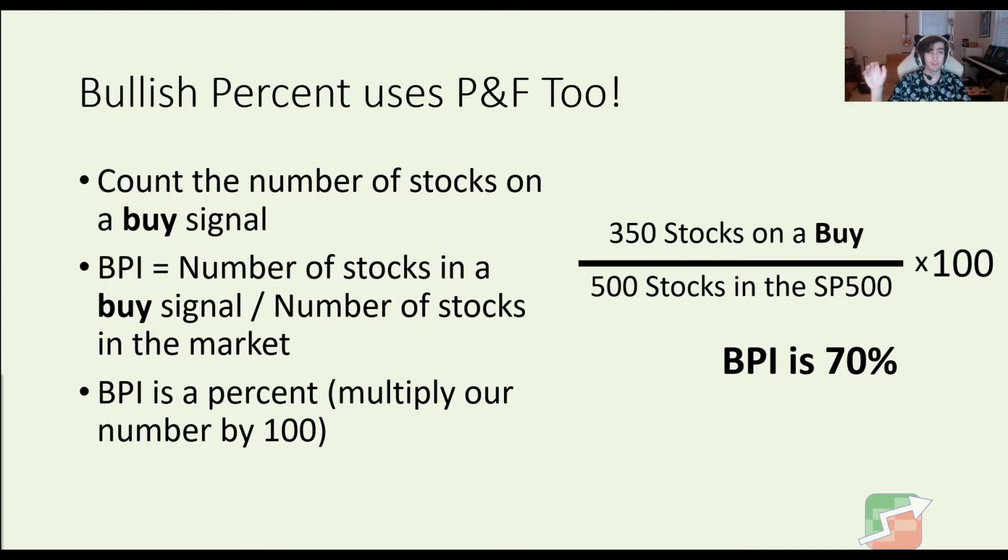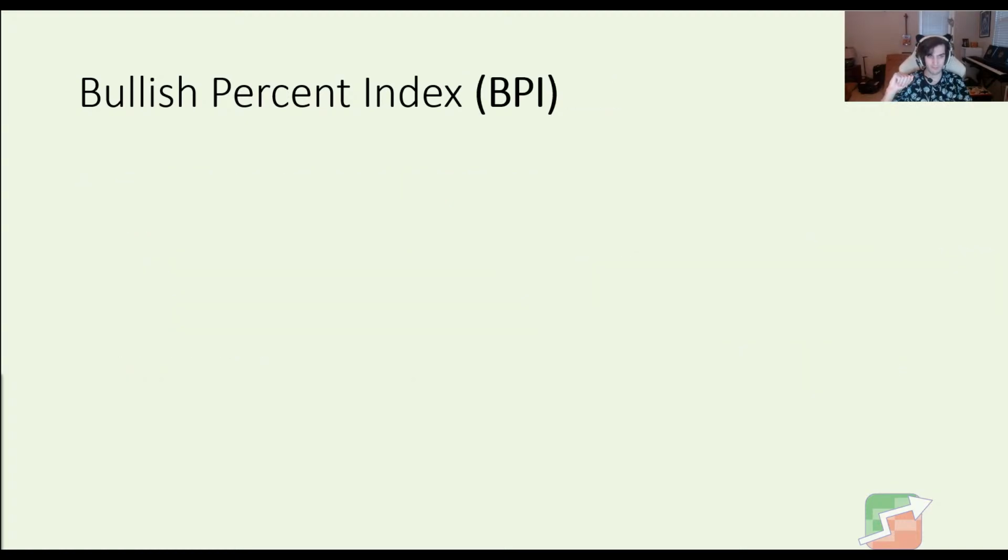We get 70%. So if 350 companies out of 500 are on a buy signal, the Bullish Percent Index for that market is 70%. And these BPIs can be found for a number of different things.